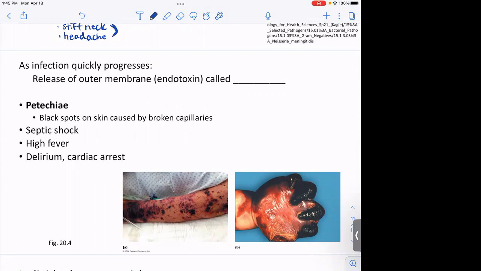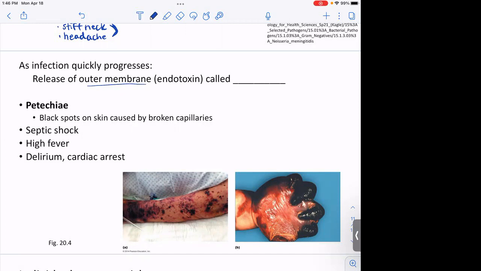And the reason that it progresses so quickly is that when the organism is replicating, reproducing itself, it's actually releasing its outer membrane. Remember what's part of the gram-negative outer membrane? Lipid A is part of the lipopolysaccharide, LPS, and another name for lipid A is endotoxin.